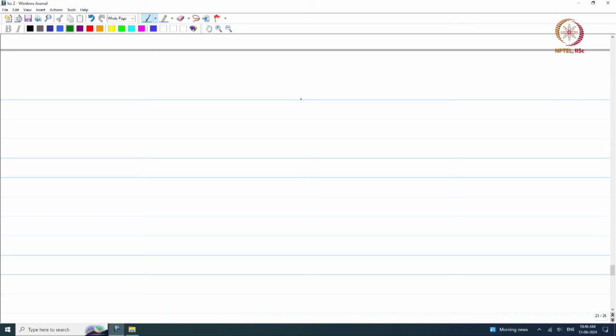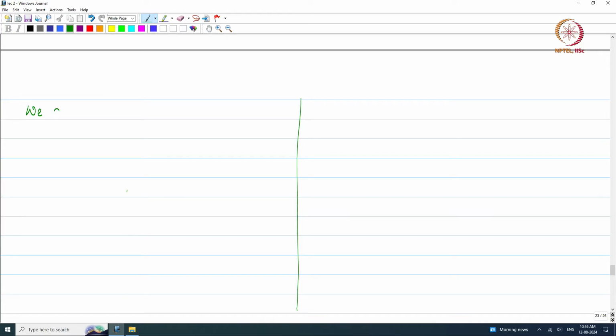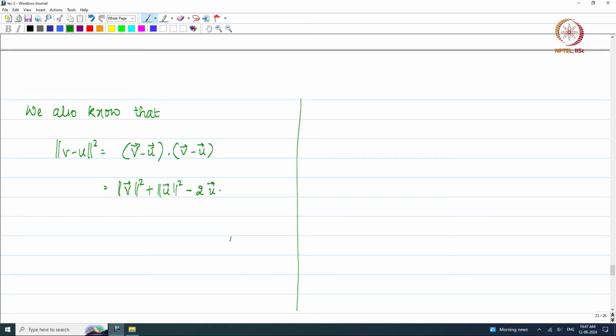Now we also have from our knowledge of squared length, we also understand that v minus u the whole squared is equal to the dot product of v minus u with itself, v minus u dot v minus u, which is nothing but v squared plus the squared length of u minus 2 u dot v.